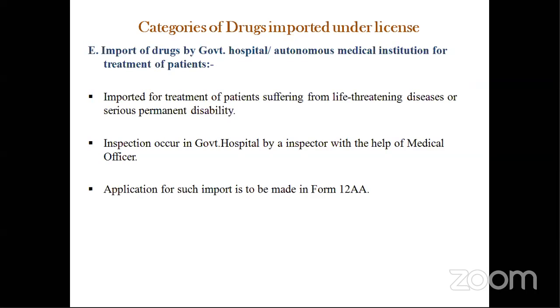Now coming to the last category of drugs, it is the import of drugs by government hospitals or autonomous medical institutions for treatment of patients. Every year, the government chooses some industries, both government and private manufacturing industries.